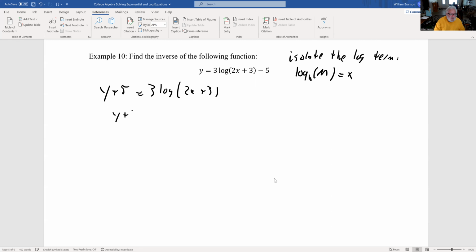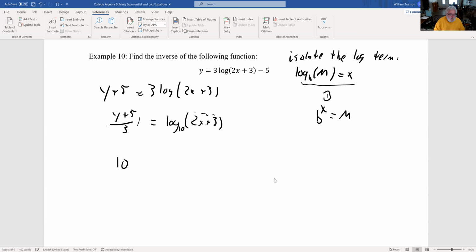And then divide both sides by 3. Now we have it set up in this formula, and that gets turned into b raised to the x equals m. Our m is the thing inside the logarithm, that's this. Base here is 10. Remember that if it doesn't say the base, it's 10. And then x is whatever's on the other side.